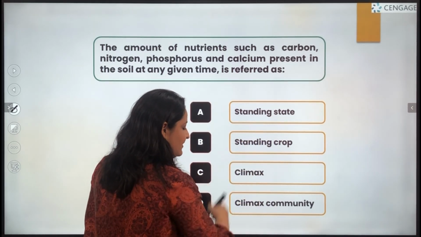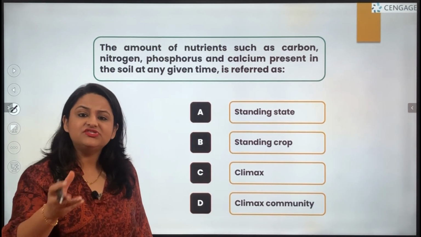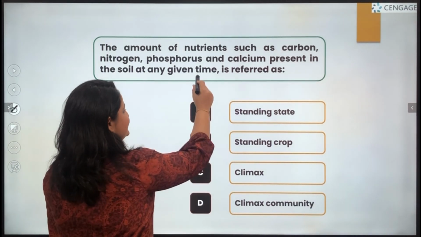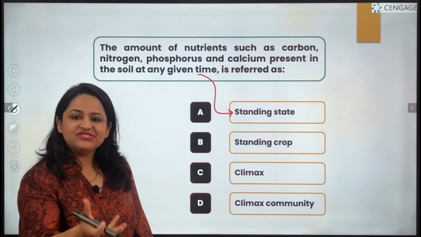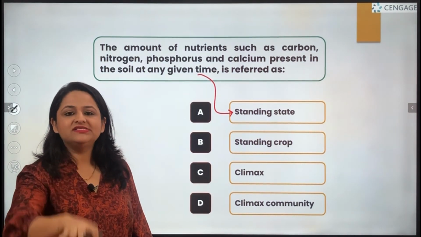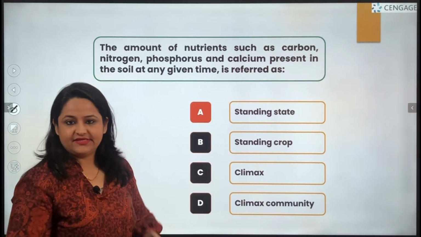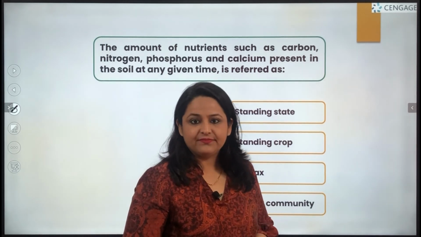Is it known as the climax, or the climax community? This is a very straight type of question. The answer to this question is the standing state of a particular soil, which has the amount of nutrients in it. So the answer to this question will be standing state. This is again a very simple, theoretical question.